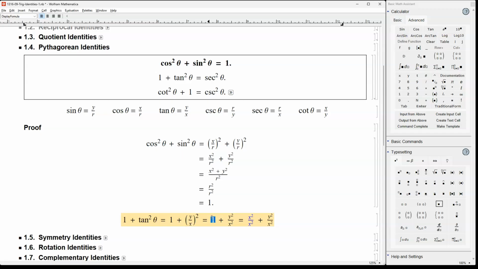Let's use blue instead. Now, taking the common denominator, x squared plus y squared over x squared. And then what's the numerator? X squared plus y squared, that's r squared. And then that is r squared over x squared, isn't it? And what is r over x? That's secant.